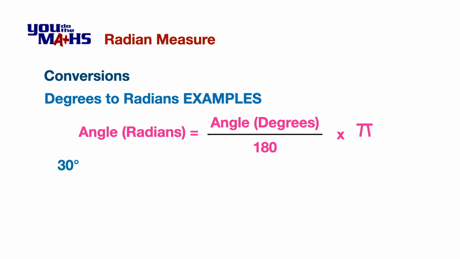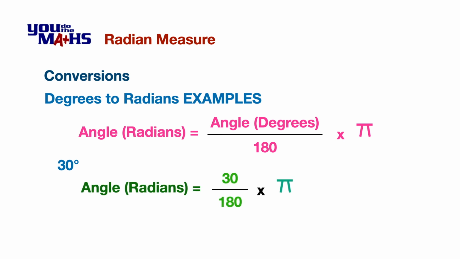We'll start by looking at 30 degrees. So in our formula, we express that as a fraction of 180, so 30 over 180 multiplied by pi. We know that 30 goes into itself once, and it also goes into 180 6 times. So 30 degrees is 1/6 of 180 degrees, or in radians, 1/6 of pi, which is pi on 6 radians.